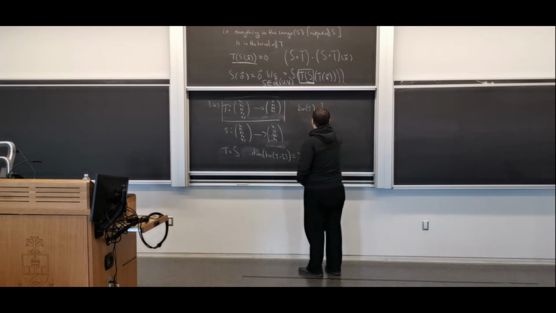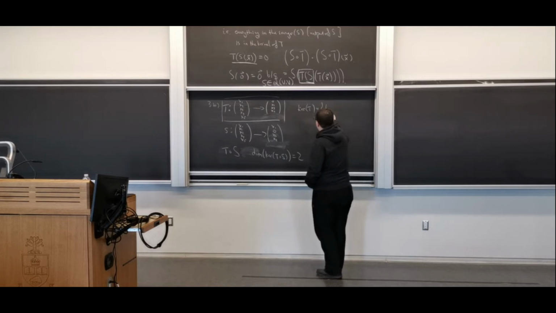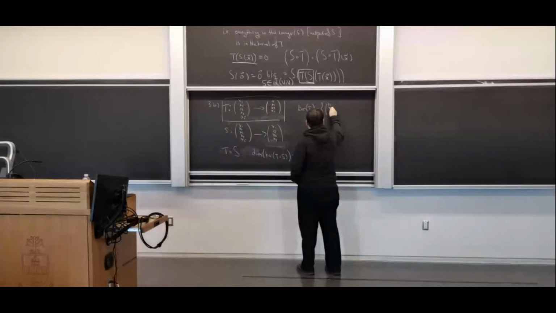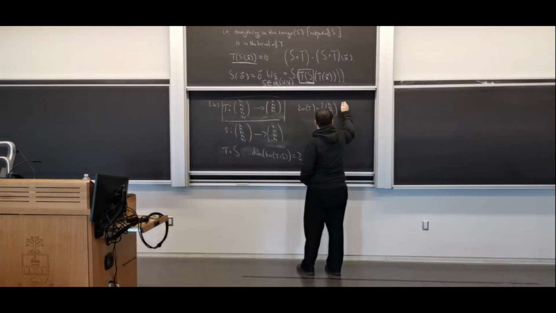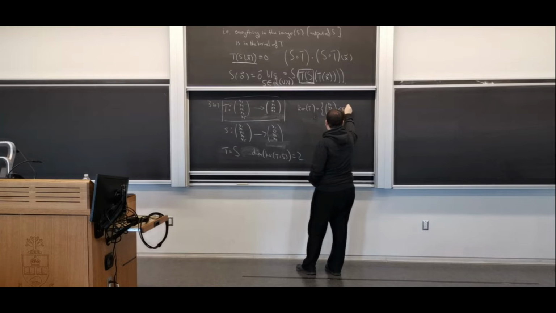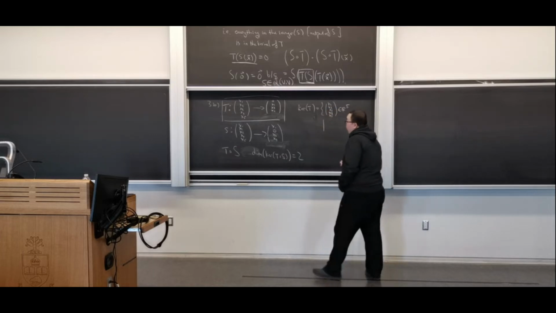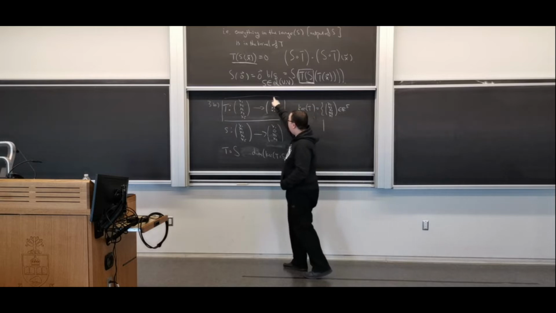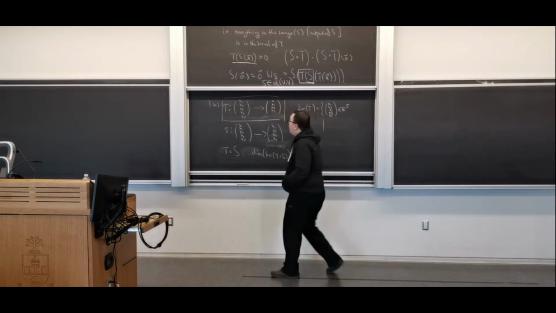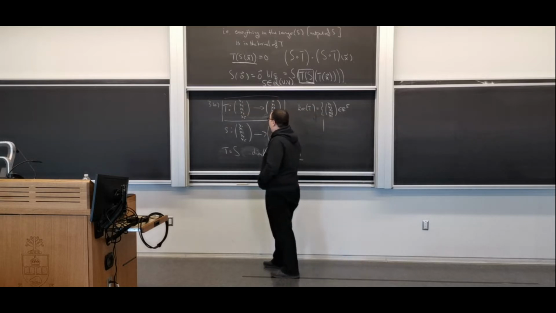The kernel of this T contains all of the vectors in R5 such that we want every one of these to be 0. We want this entire thing to be 0. Well, x1 is mapped to 0.